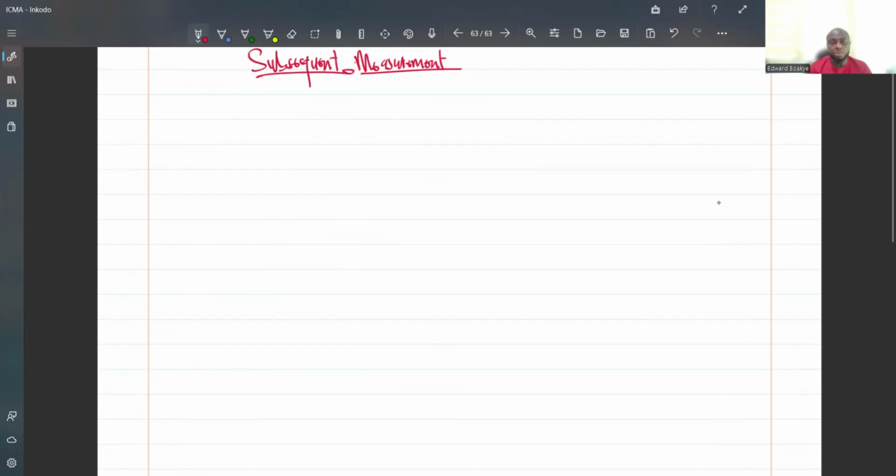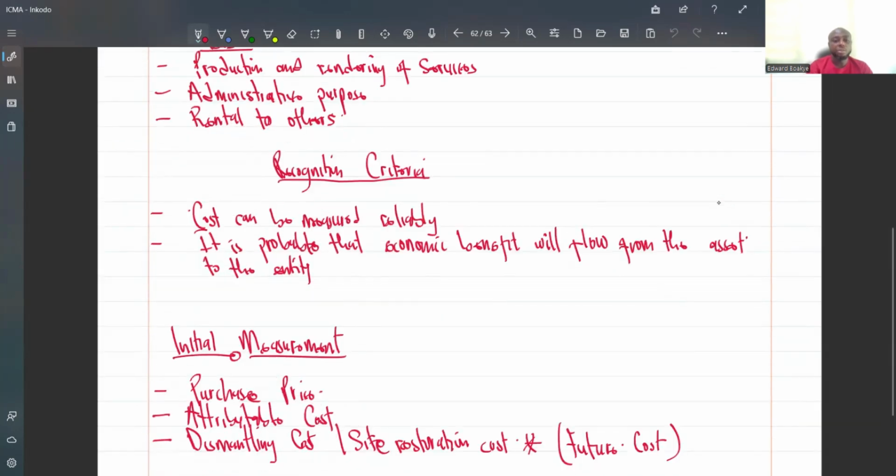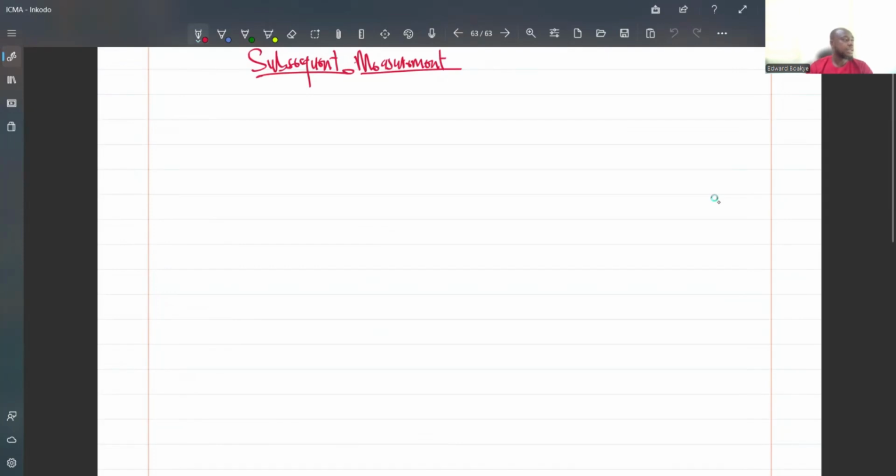The cost model is so simple, because when we talk about the cost model, it's simply you valuing or recognizing the asset at the initial cost, like this cost that we had. You carry it at what? The initial cost, right? Then we less any depreciation as well as impairment.